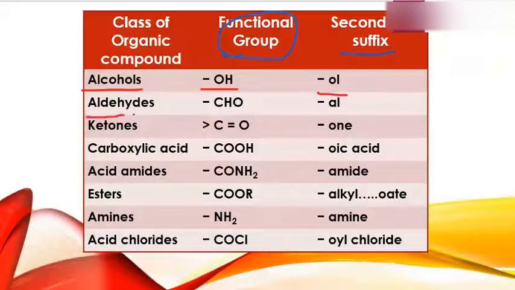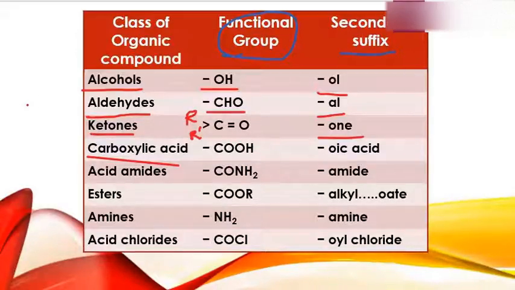Similarly we have aldehydes, we use CHO and the suffix is -al. In the ketones we have R and R dash chain connected to C double bond O and the suffix is -one, ketone.